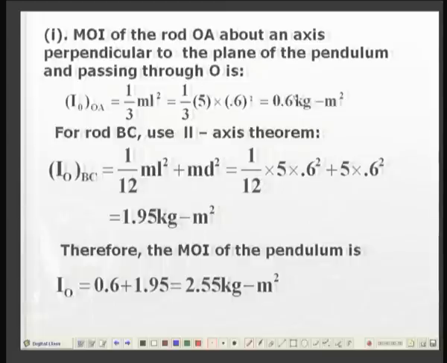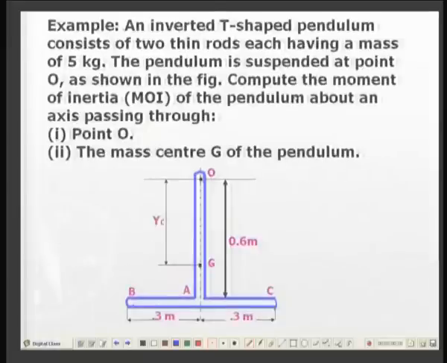For rod B, first we will find it about its own central axis and then shift it to O. The moment of inertia of a rectangular bar about its middle axis can be obtained very easily from the handbook, and then it is shifted from here to here.